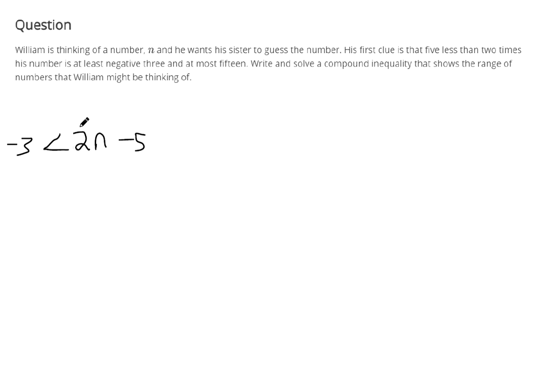The alligator is eating this 2n minus 5. That's because 2n minus 5 is at least as big as -3. It could be equal to -3, or it could be bigger, because that quantity is at least -3. And it's at most 15, so same logic there. 15 is bigger than or equal to this here. So that's the compound inequality that we're looking for.